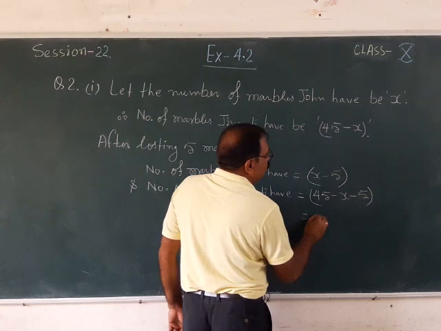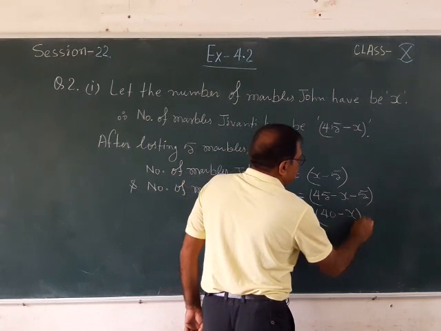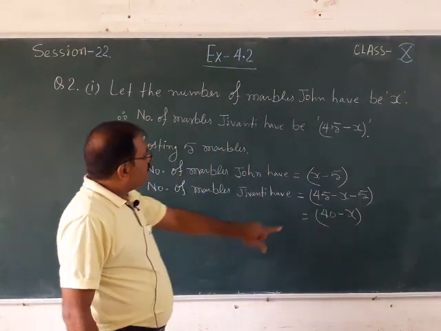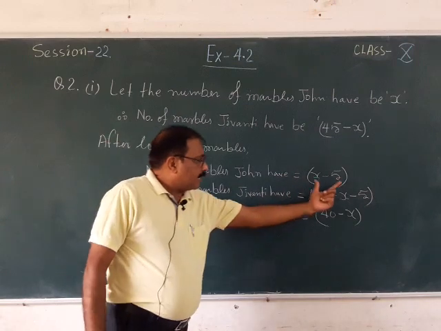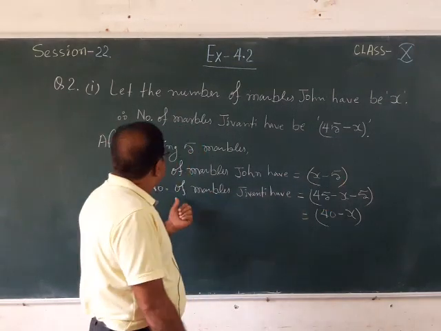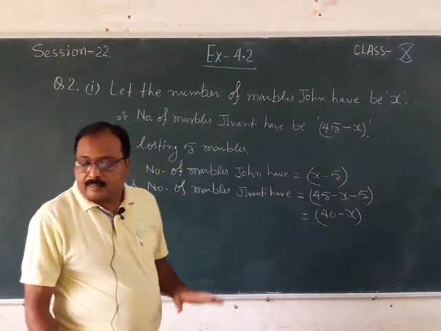That means it will be 45 minus 5, that is 40 minus x. So now you can see that after losing 5 marbles, John has x minus 5 marbles and Jivanti has 40 minus x marbles.